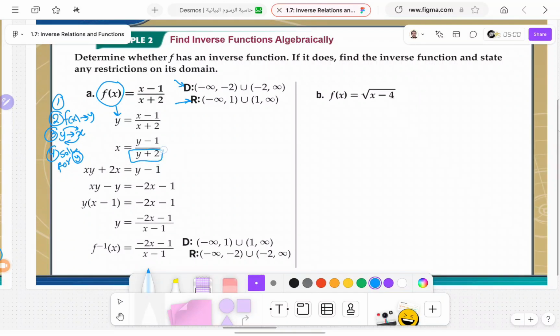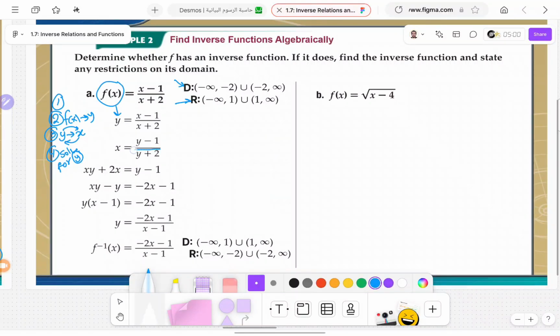When you need to remove anything, you have to apply the opposite operation. It means if the function is adding, you are going to subtract. If the function is minus, you have to add. If the function is division, you have to multiply both sides. If the function is multiply, you have to divide both sides, right? So this is how you solve an equation. Always do the opposite operation.